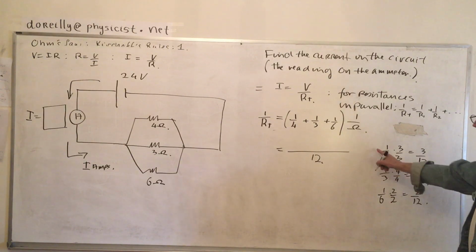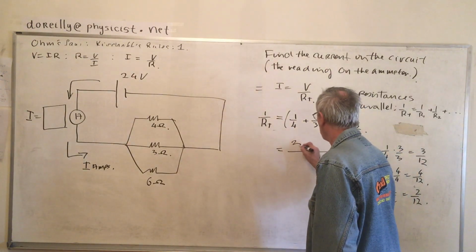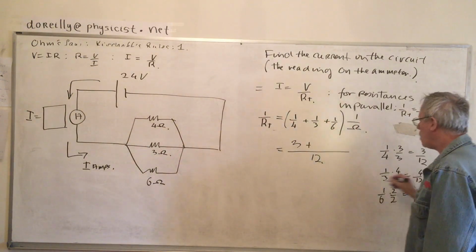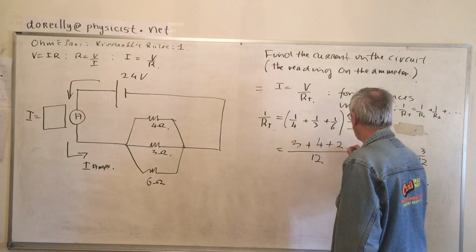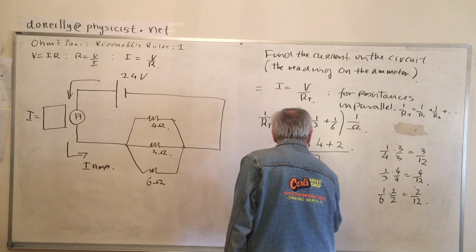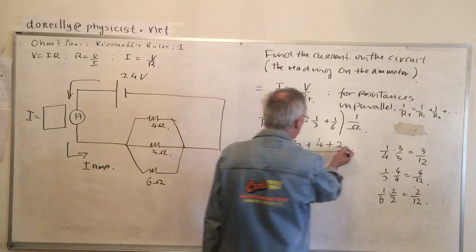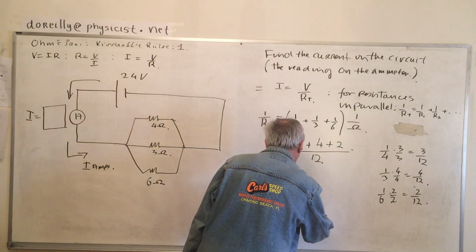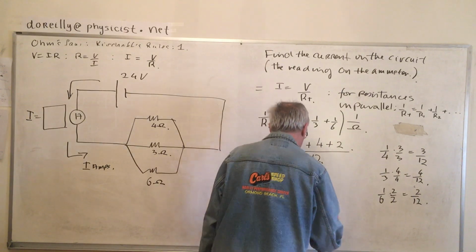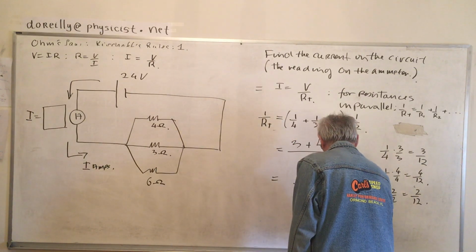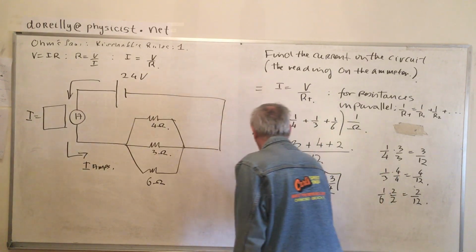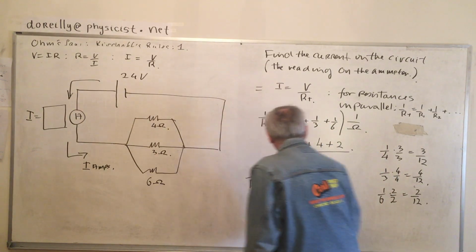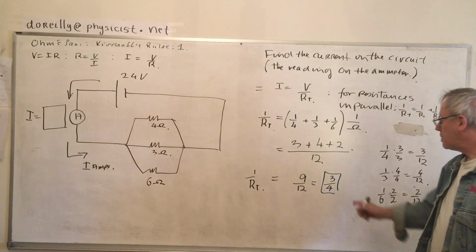So now I can put in the numbers here: 3 plus 4 plus 2. 4 and 2 is 6 and 3 is 9. We get 1 over R total is 9/12, which is 3/4.